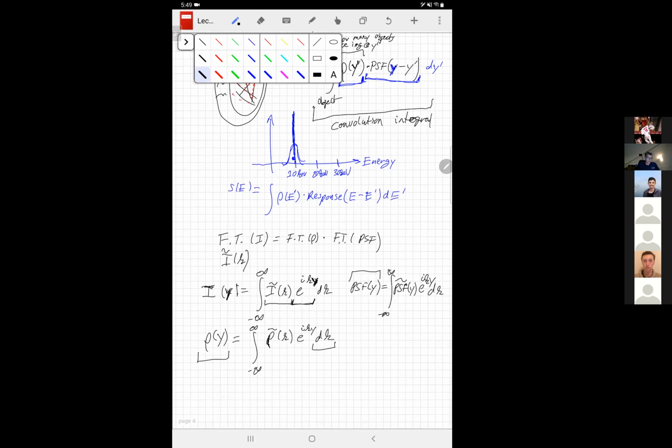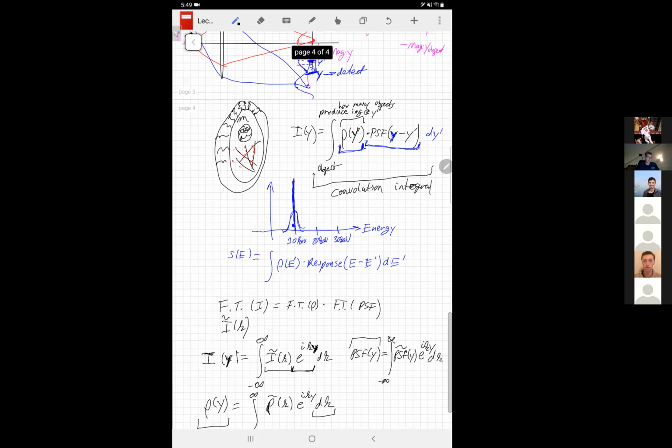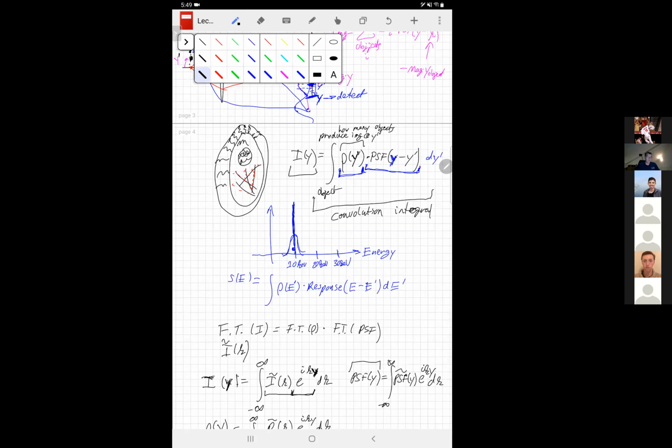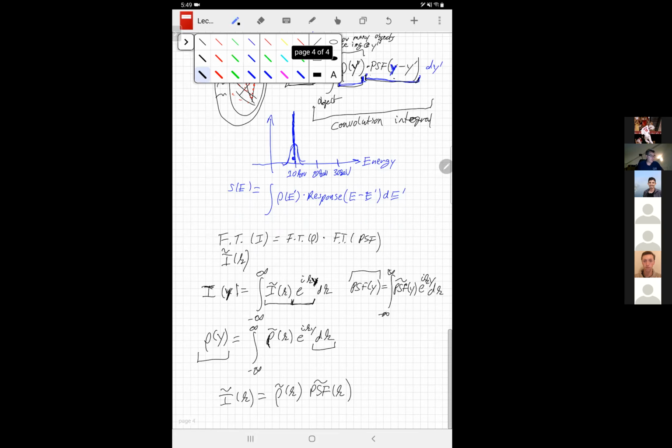And so we can say that I tilde of k is equal to rho tilde of k times PSF tilde of k, because the intensity was a convolution, and it's a fact derived in math methods that if something is equal to a convolution integral, the Fourier transform of that something is the product of the Fourier transforms of the things that you convolved.